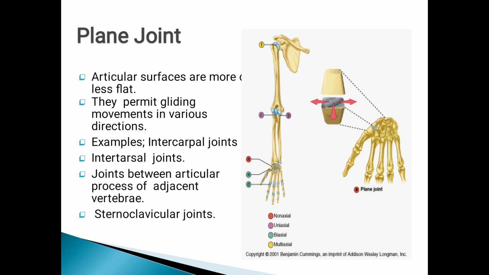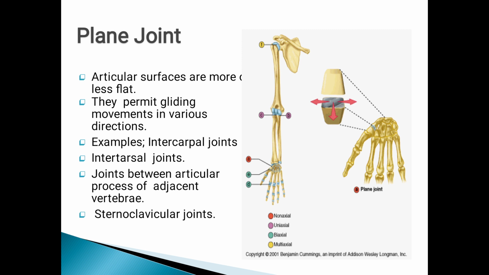So the first joint is a plane joint. In plane joint, the articulating surfaces are either more or less plane, that is flat, or else they are slightly curved.